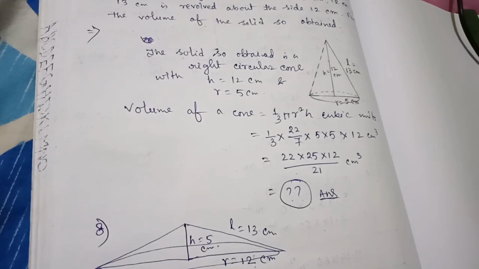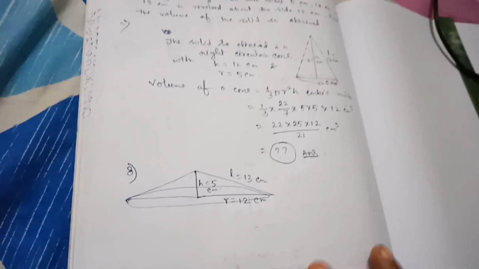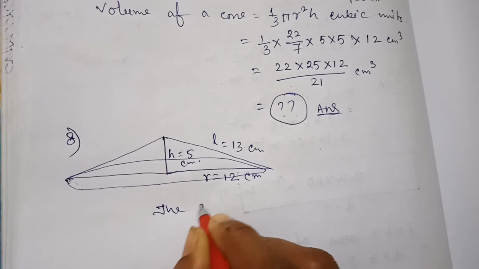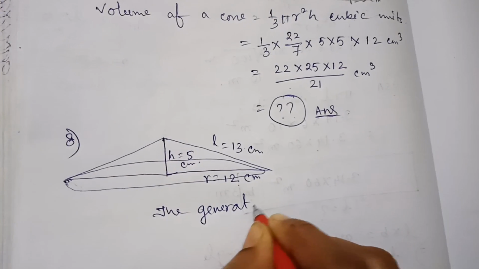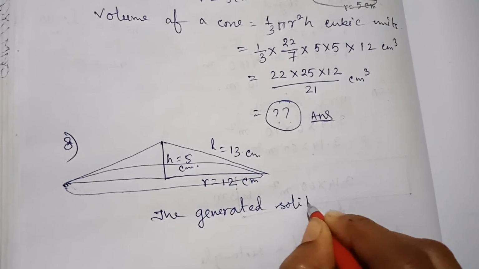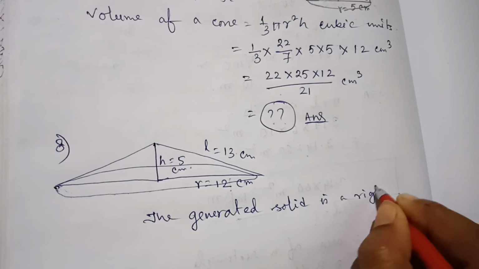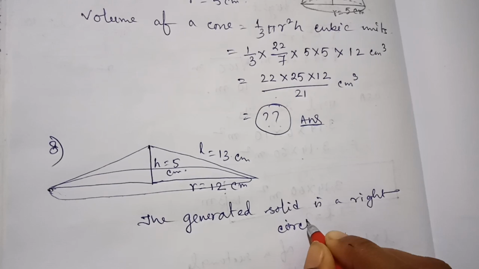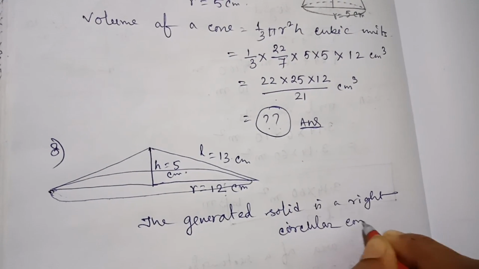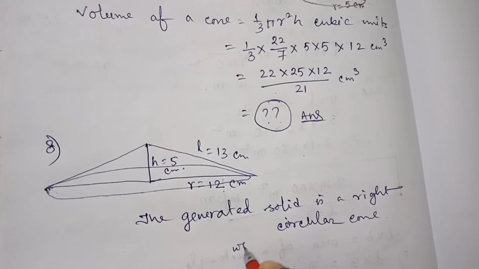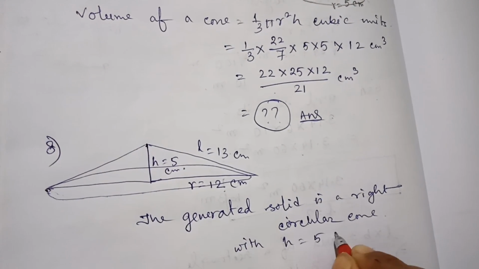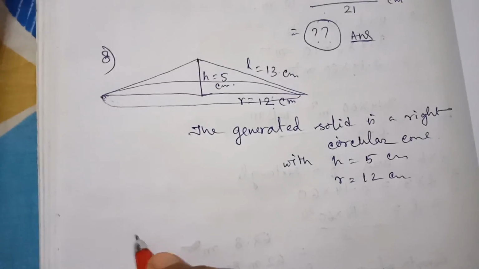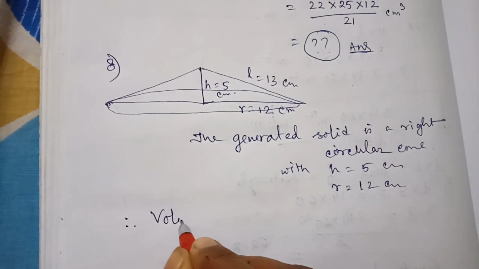So we will write the same thing, that the generated solid is a right circular cone with h equals 5 centimeter and base radius 12 centimeter. That means we need to have its volume now.